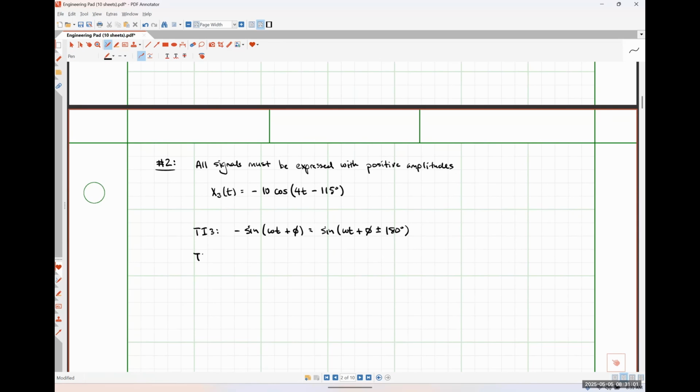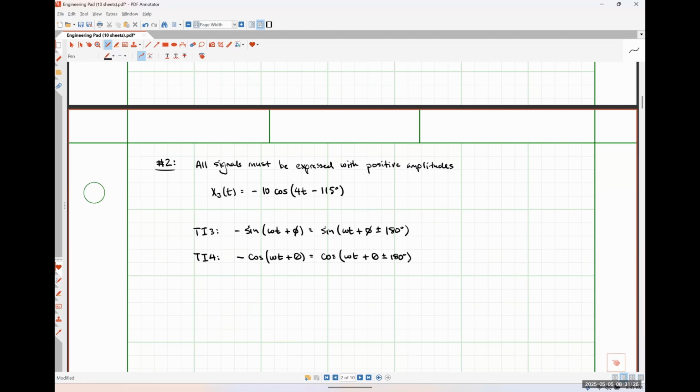And for a cosine function, it's going to be the exact same thing. Okay. So negative cosine omega t plus theta is going to be equal to positive cosine omega t plus theta plus or minus 180 degrees.